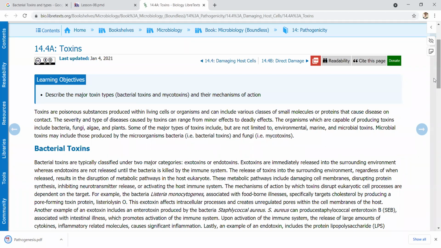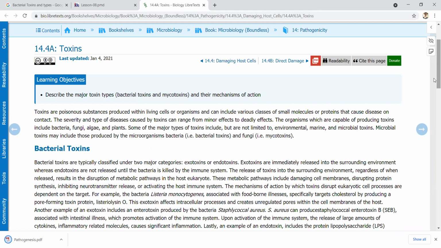Exo means outside, endo means inside. When toxins are released externally, they are called exotoxins, and when released inside the body of a person, they are known as endotoxins.